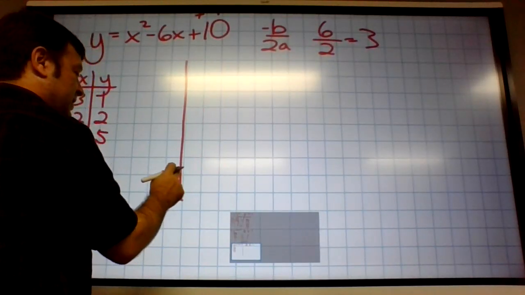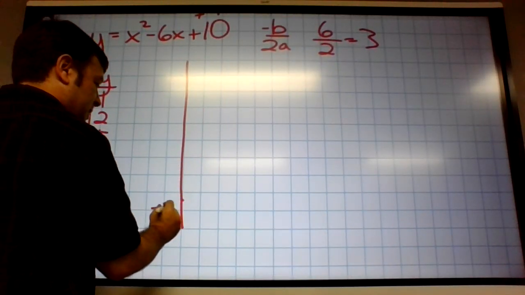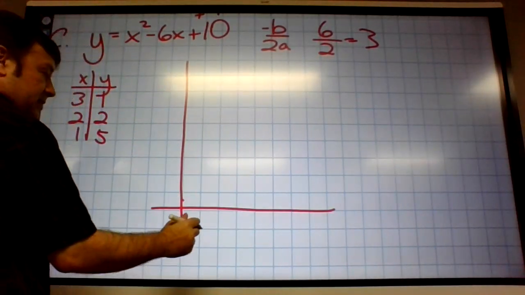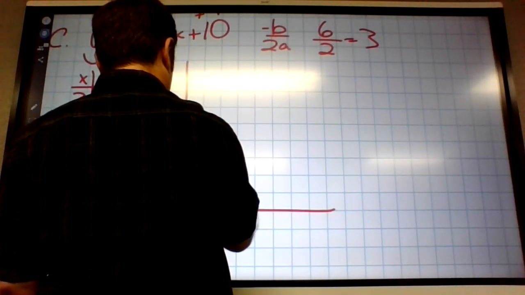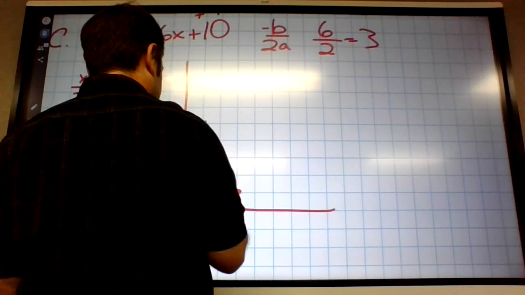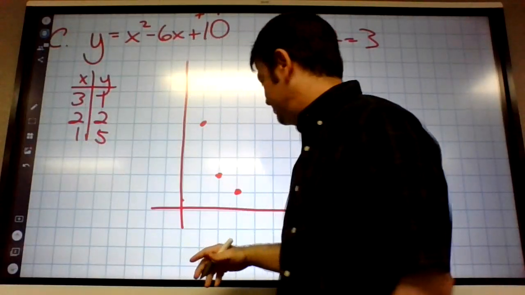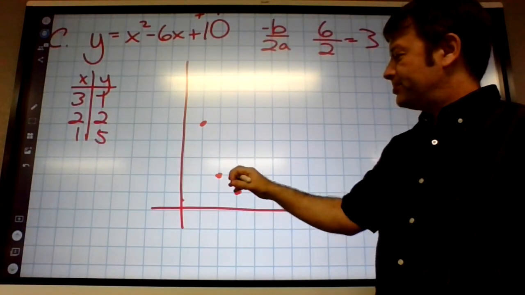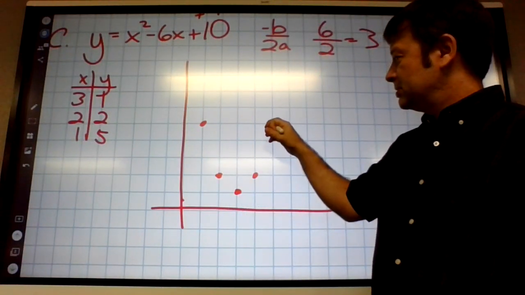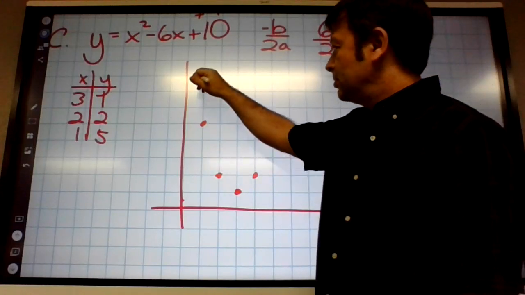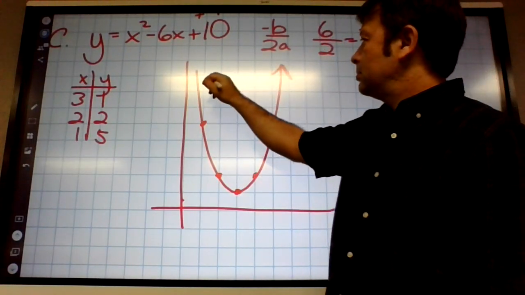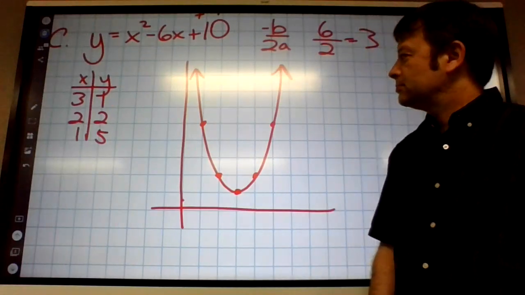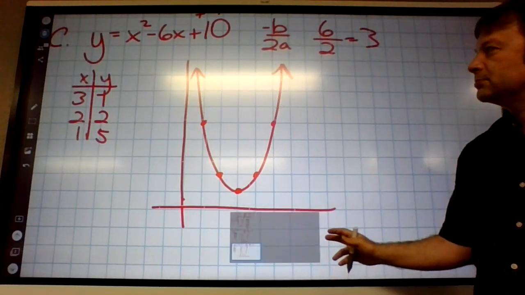It looks pretty similar to last time, it just moves up one step. 3, 1 is the vertex, 2, 2, 1, 5. So just mirror the image over here. Oh crap. I put that on number 2.